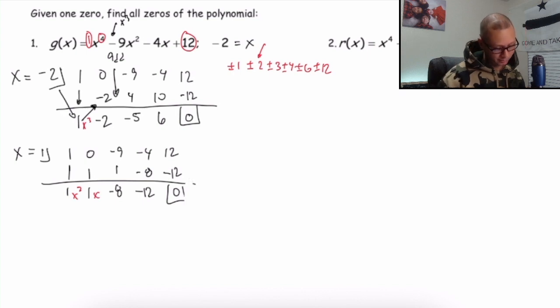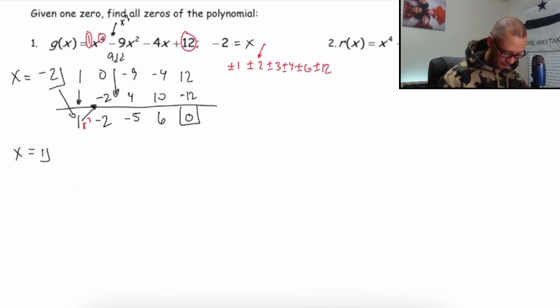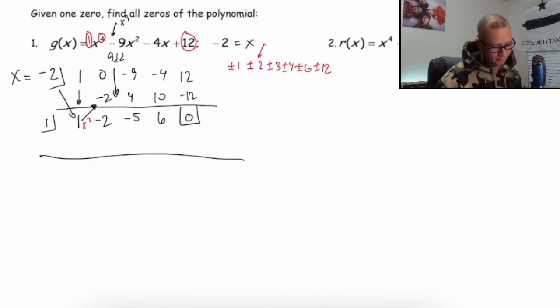We found out that 1 is definitely a 0. However, it's best if we use synthetic division here. Not on the original. So it should work out, right? If it's a 0, it doesn't matter where it works out. It's going to work out regardless.